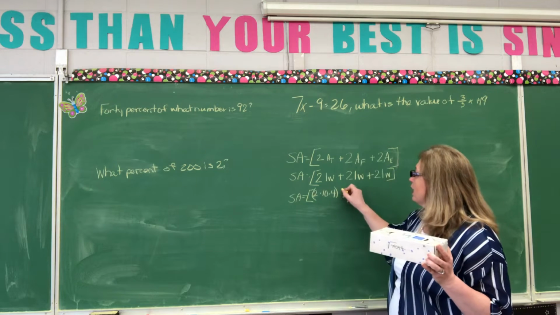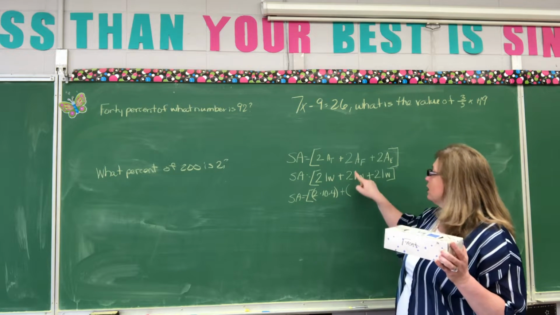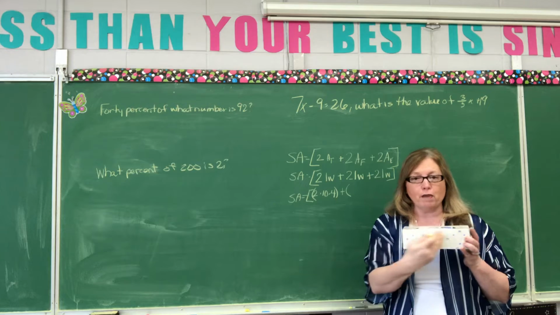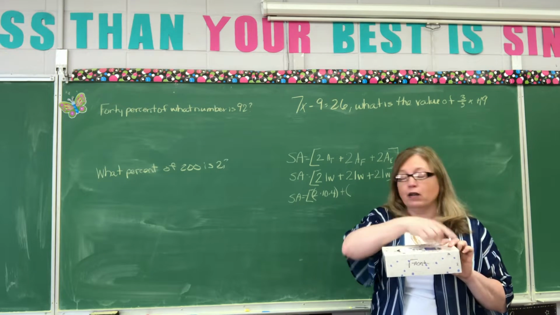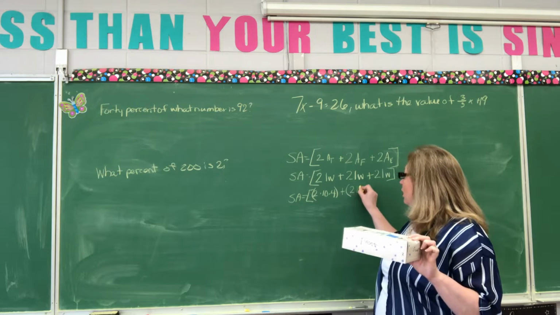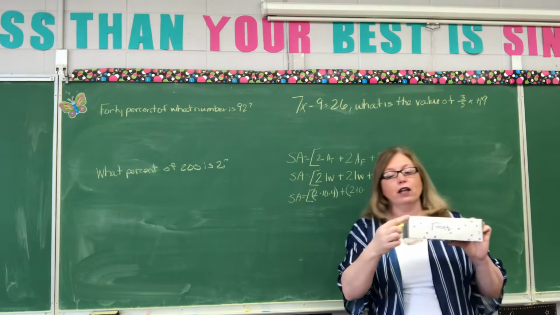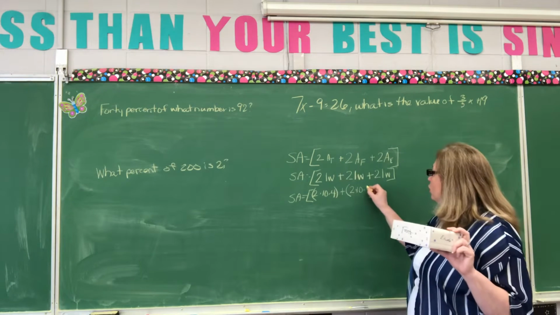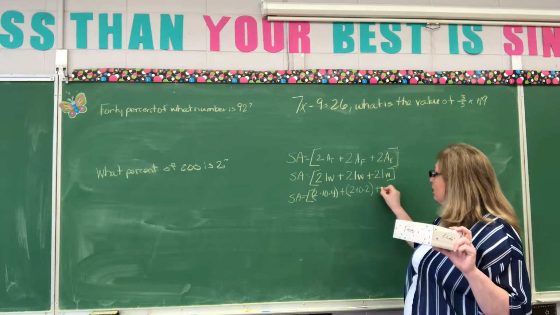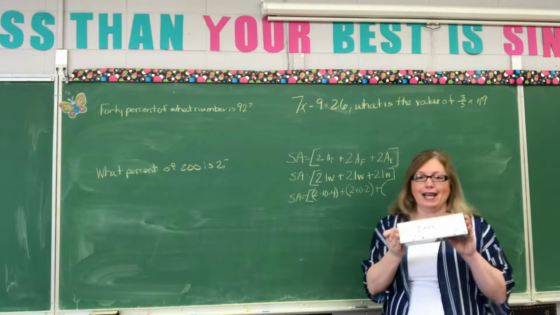So then I'm going to go to the next one, and I'm going to say, oh, this is the front. What are the measurements of my front? Well, I know this is a, what? 10, okay? Because that's what it is on the other side. And the width, in this case, is going to be a 2. All right, so we put a 2 there. Put parentheses. Now we've got to do the ends.